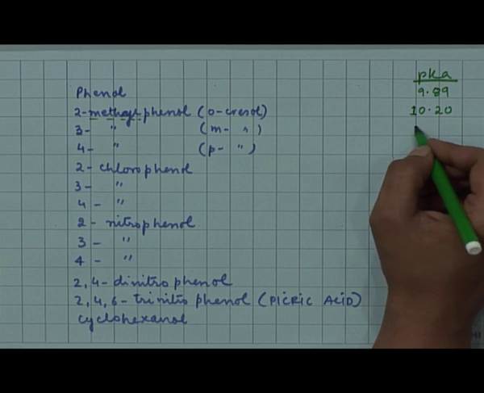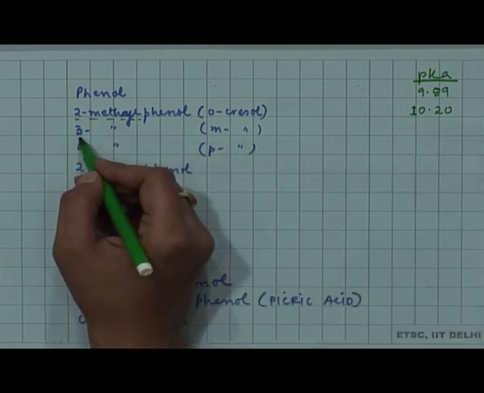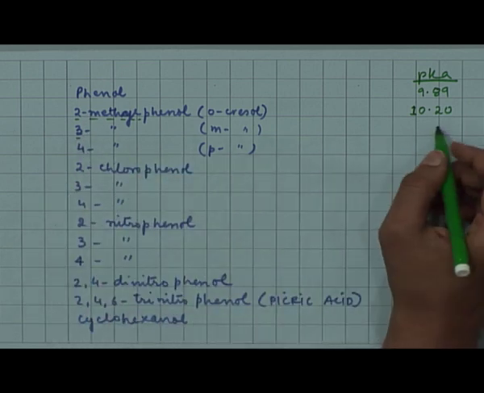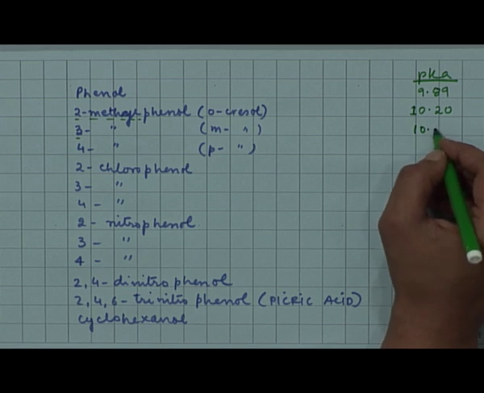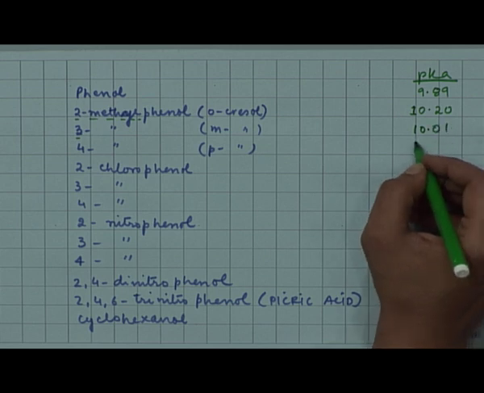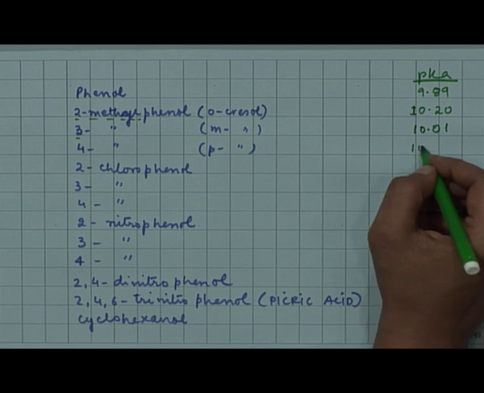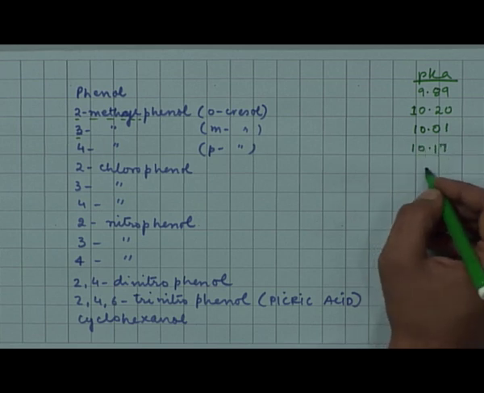With a 3-methyl, so when you change the substitution from 2 to 3, so at the meta position it is less influencing, and the pK is therefore a little lower than the ortho substituted isomer. So, it is 10.01. With para it is similar to ortho, 10.17.